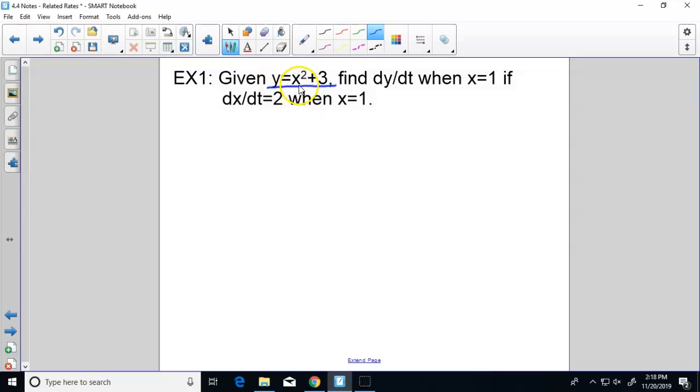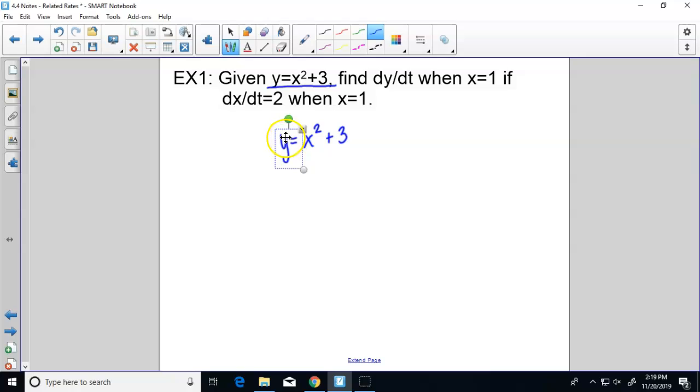So we are given y equals x squared plus 3, and it tells us to find dy/dt when x equals 1 if dx/dt equals 2 when x equals 1. Okay, so what we're going to do every time is start with our equation y equals x squared plus 3, and take the derivative of this with respect to t.